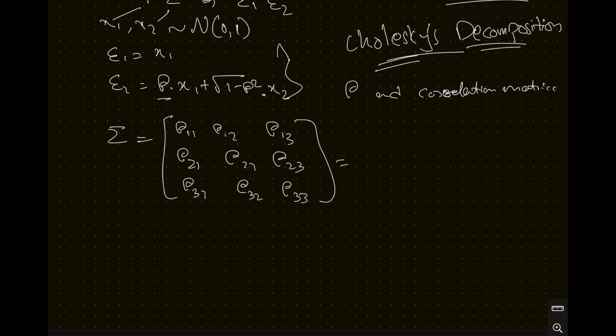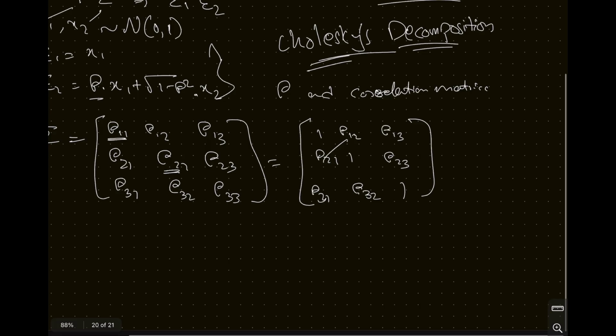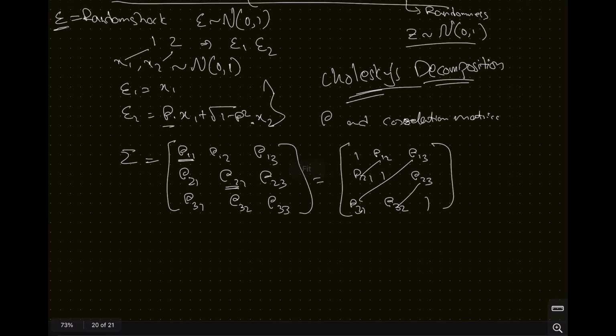We know that the correlation between two stocks which are the same, Apple and Apple, is 1, because they are basically the same. So our diagonals are going to be 1. Rho 12 and rho 21 are the same, and likewise for the other off-diagonal pairs.